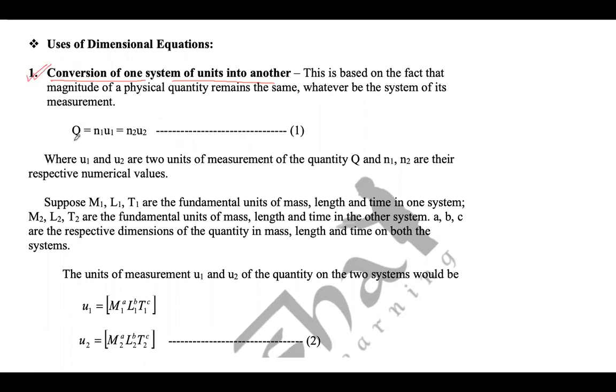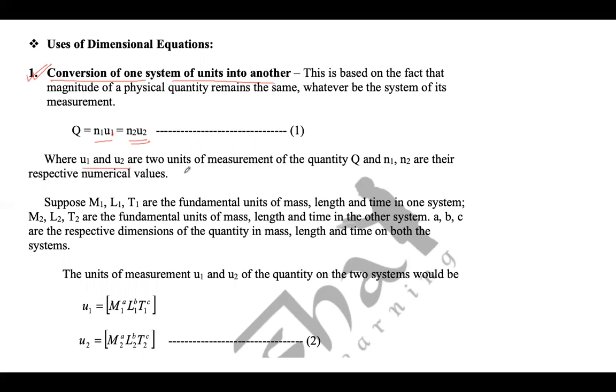So what we do, see, a physical quantity Q is written as N1 U1, which is also equal to N2 U2. N1 is basically the numerical value and U1 is the unit here. And N2 is the numerical quantity and U2 is the second unit.